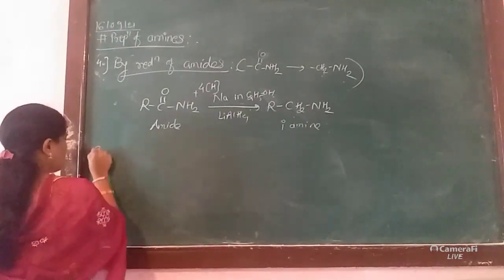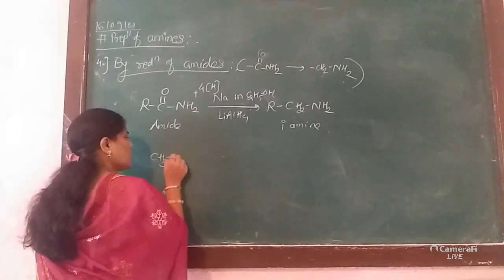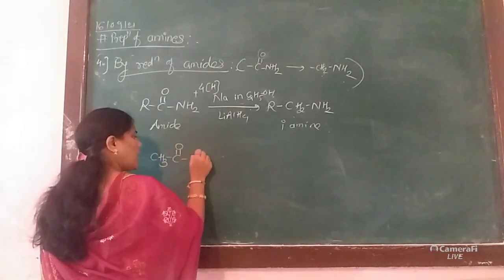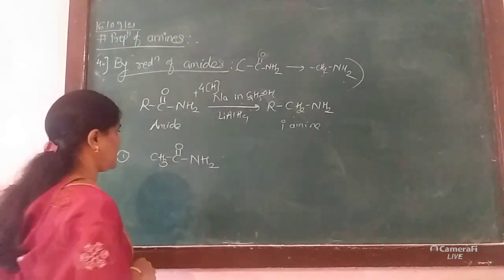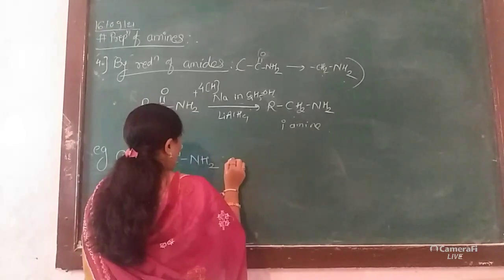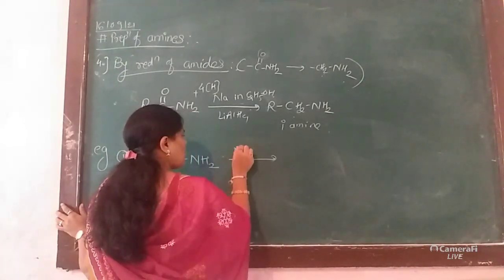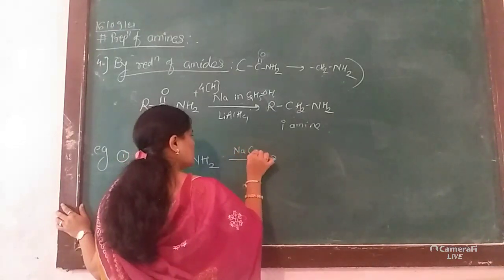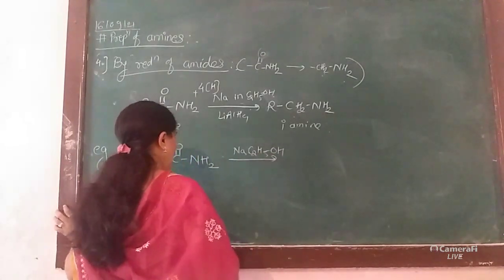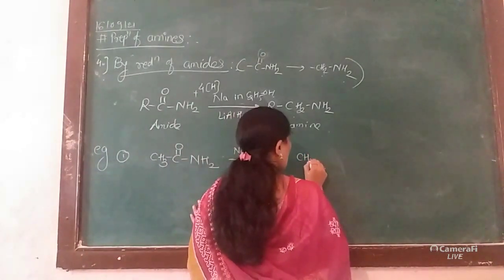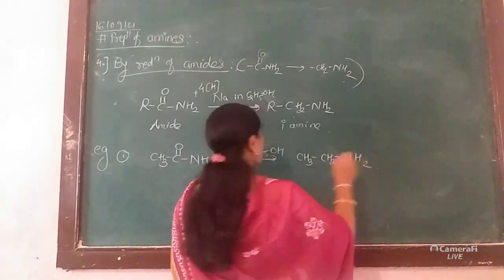Okay. So this is the example. For example, CH3, C double bond O and NH2. The name of this amide is acetamide. So when acetamide undergoes reduction in the presence of sodium in ethanol, or in the presence of LiAlH4, there is a formation of CH3CH2NH2.